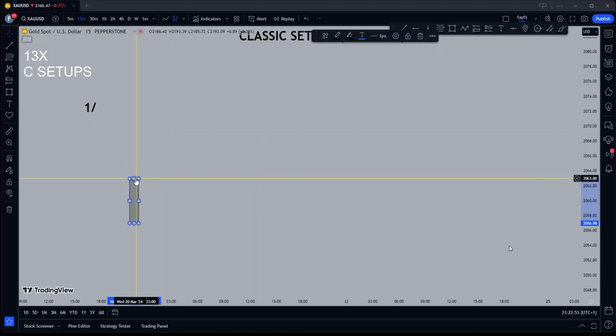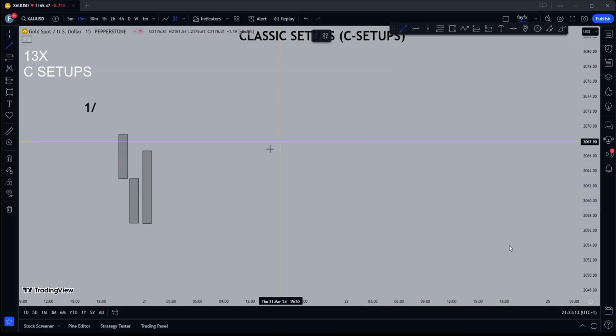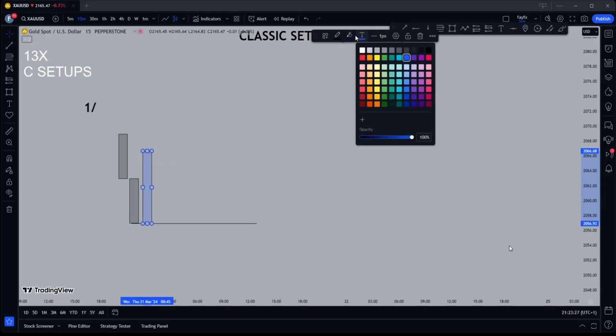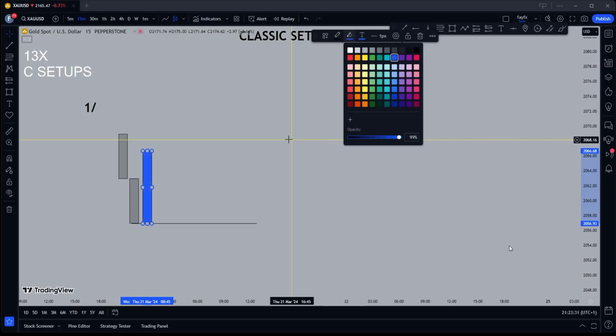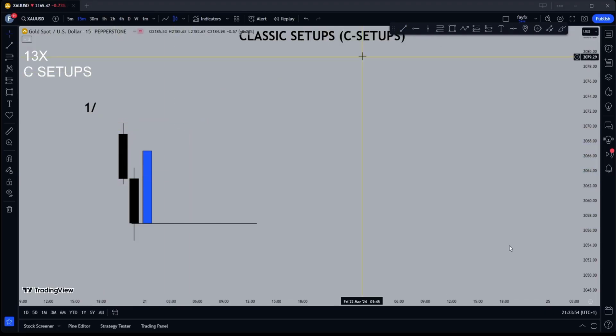Imagine that we have a classic level. Here we have a classic level.